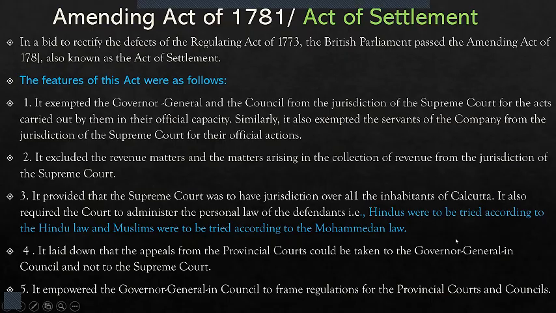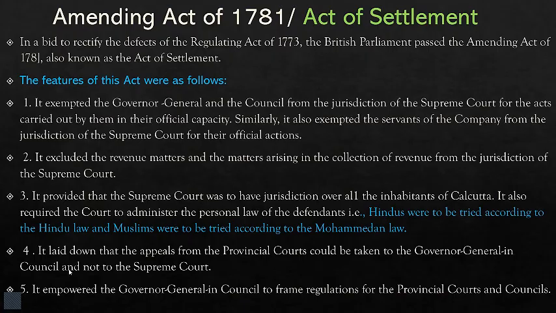It has no jurisdiction over the others. And here, the Hindus were tried according to the Hindu law, and Muslims were tried according to the Mohammedan law. So Bengal was one, and in West Bengal the majority of Hindus used to live, and in East Bengal, now Bangladesh, a lot of Muslims used to live. So everyone was tried according to their own religious laws.